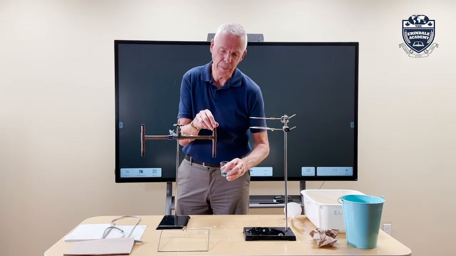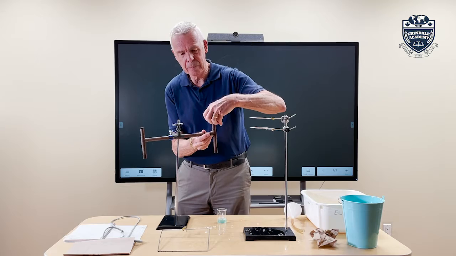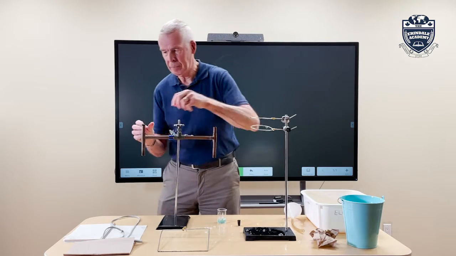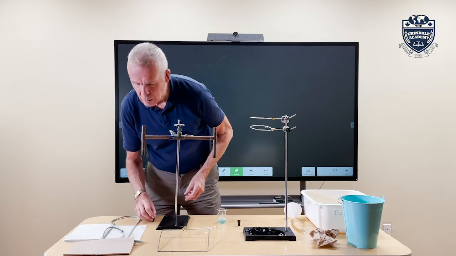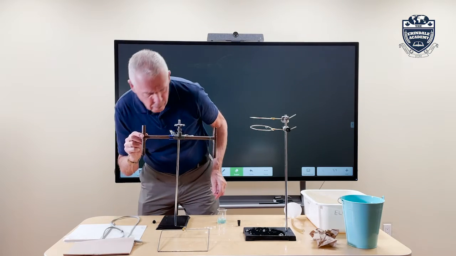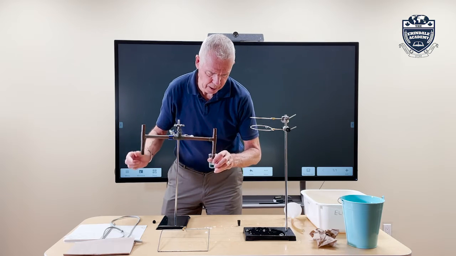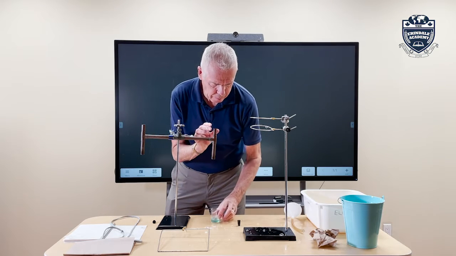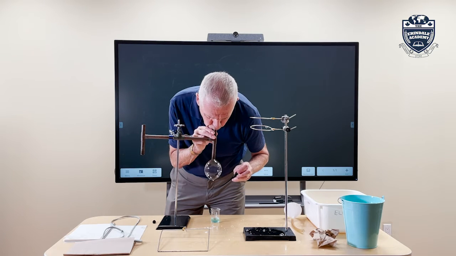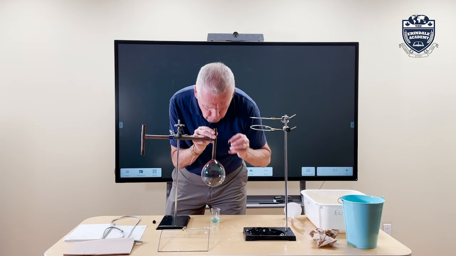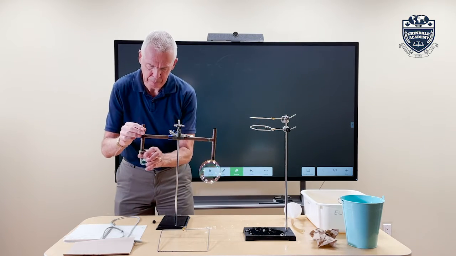So what I'm going to do is put two bubbles together. I'm going to make a large one here, and let's make a smaller one here.